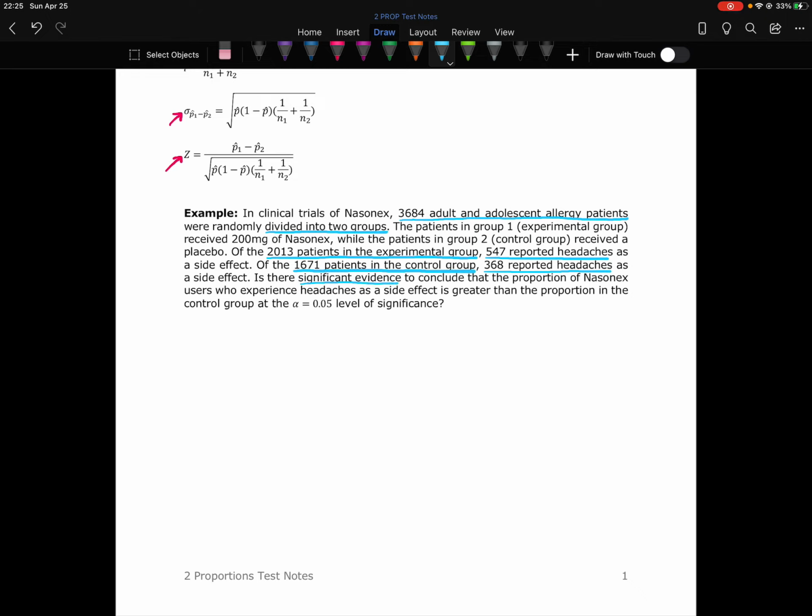So significant evidence, that tells me that this is a hypothesis test, to conclude that the proportion of Nasonex users who experience headaches as a side effect is greater than the proportion in the control group. So is Nasonex greater than the control group? And then we have our level of significance. So again, lots of things to unpack in there, mostly the numbers.